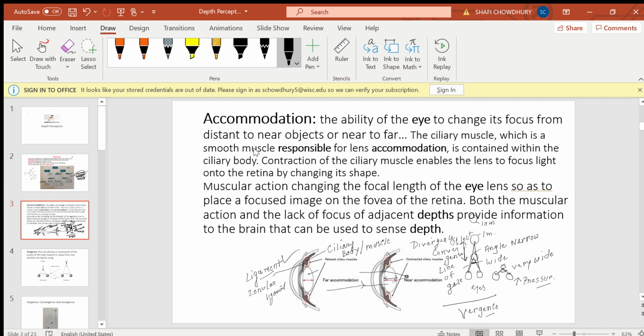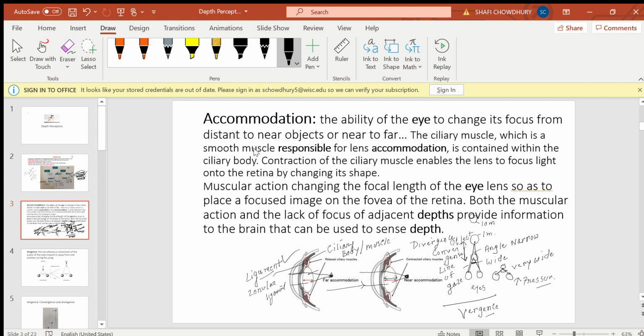So the focus point will be near. If the lens gets flat, then the focal point will be away. That means the focal distance will be further. So this distance is far, this distance is closer.